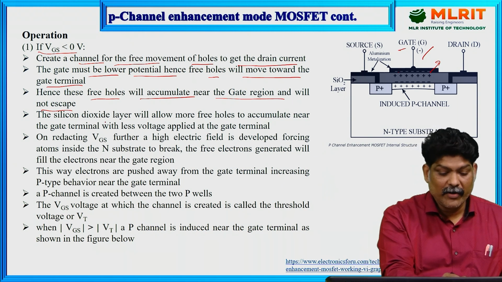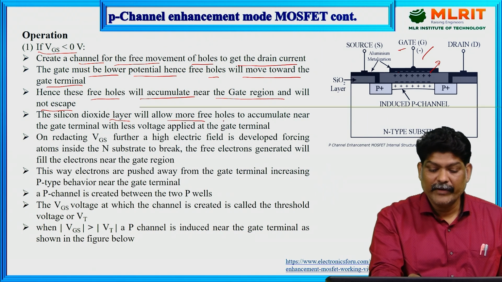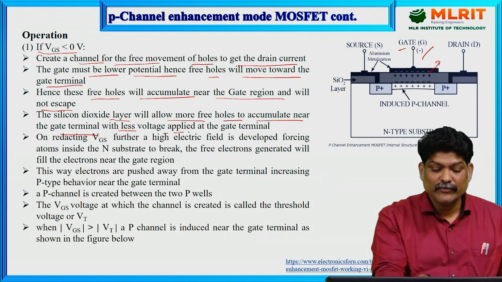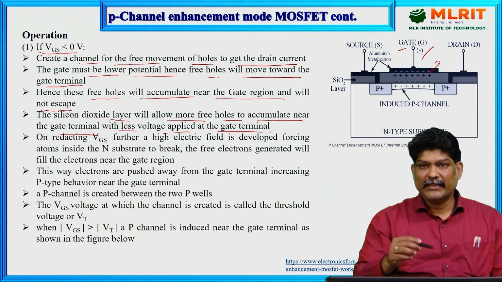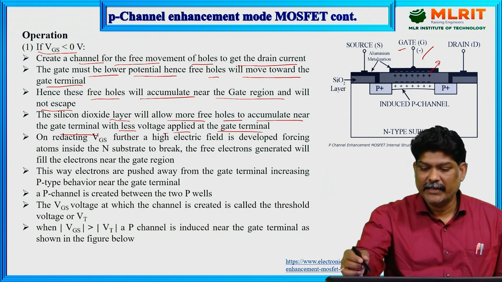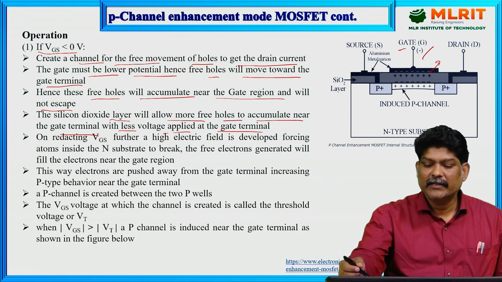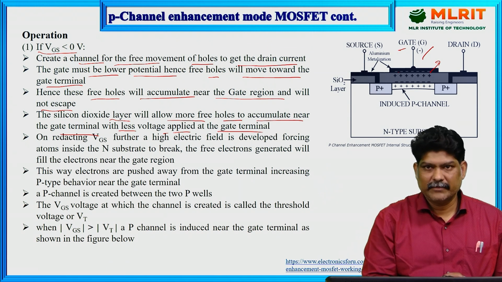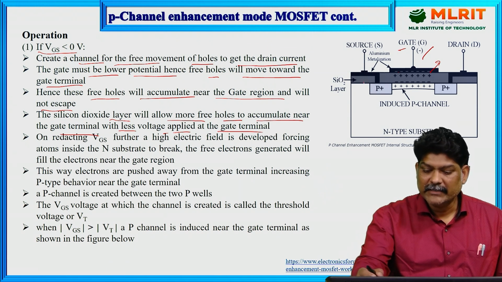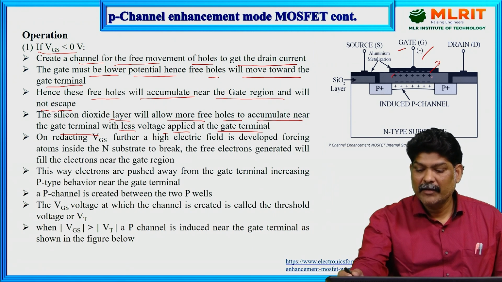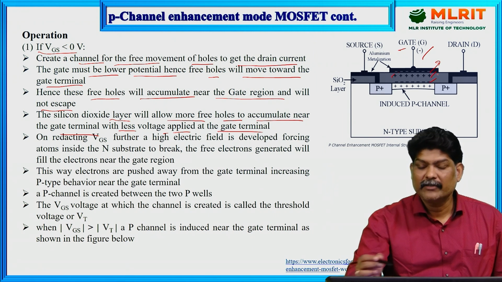The silicon dioxide layer will allow more free holes to accumulate near the gate terminal with less voltage applied at the gate. So with negative voltage at the gate, all the positive holes are attracted towards the gate, and this SiO2 layer attracts, because on one side there are positive charge particles and on the other negative charge particles.